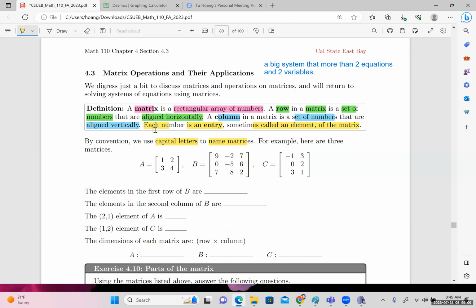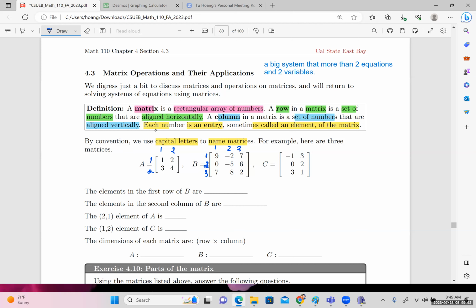So how many rows do I have? 1, 2 rows for matrix A. And how many columns do I have? 1 column, 2 columns. So this is a 2 by 2 matrix. And for B we have 1, 2, and 3 rows, 1, 2, 3 columns.